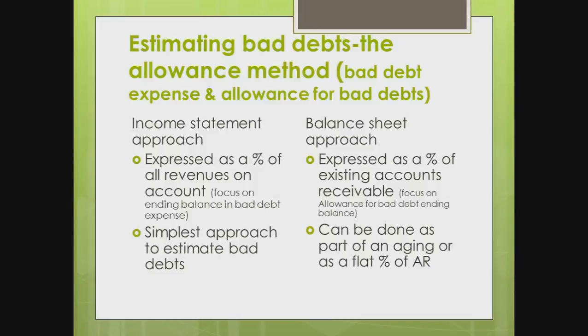Allowance for bad debts is a contra asset account, and we'll see this when we do our example in a minute. With the income statement approach, our focus is on bad debt expense. Bad debt expense never has a beginning balance because we close the books and get rid of the temporary accounts. So definitely the balance sheet approach often is a little bit more complicated.